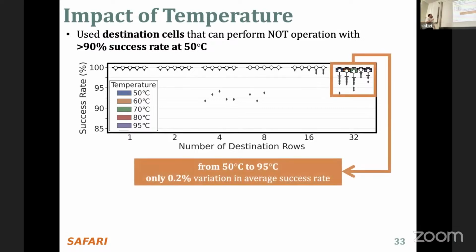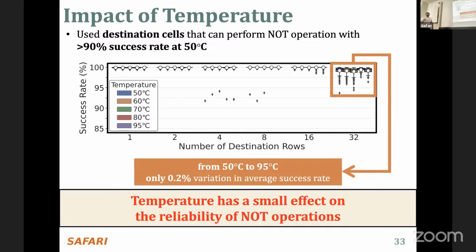And here we want to highlight this part, which is the most, let's say, vulnerable part to temperature, as you can see. From 50 degrees Celsius to 95 degrees Celsius, there is only 0.2 variation, like decrease, in every success rate. And we conclude that temperature has a small effect on the reliability of NAT operations.